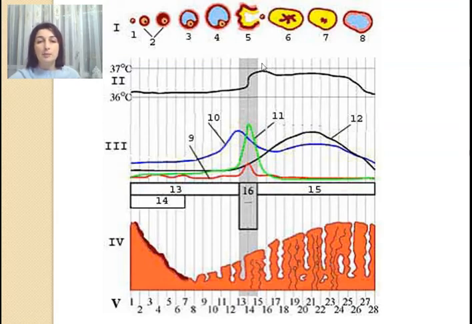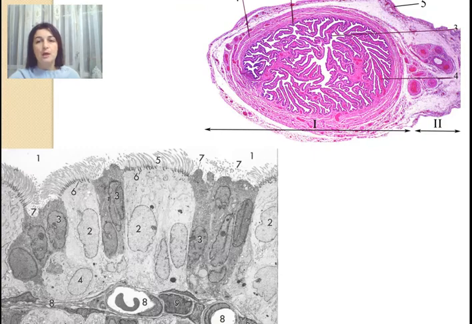And the intravaginal temperature will surge in the midline of the menstrual cycle. It will reach approximately 37 degrees, but at other times it will be a little bit more than 36 degrees Celsius.